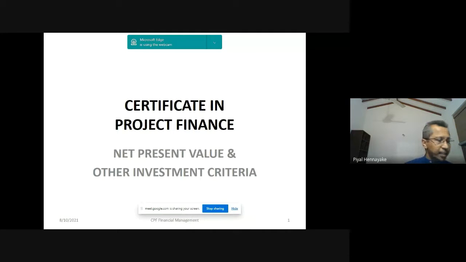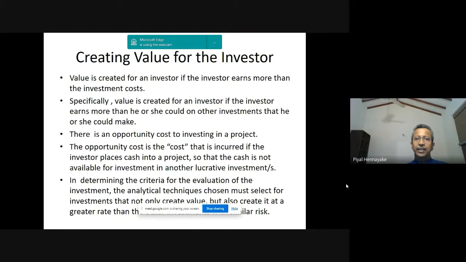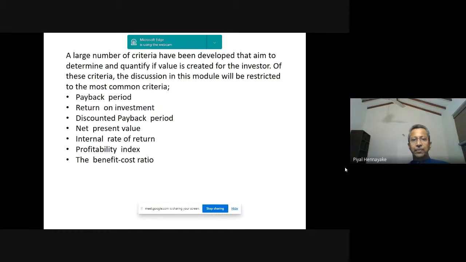So this is another area we covered, and you see what are the areas. We looked at different criteria to analyze a project. And these are the common criteria which are used.